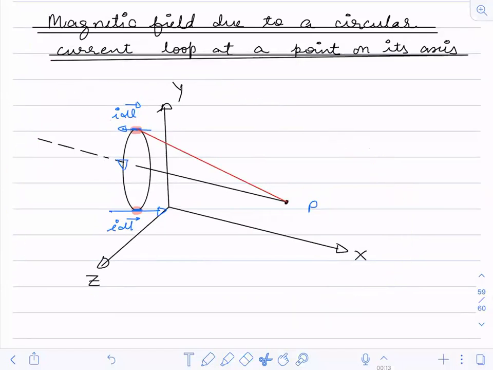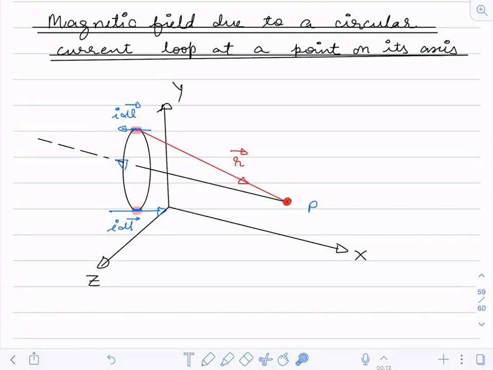Now just tell me what will be the direction of the magnetic field at point P. This is my r vector, and this is my dl vector. How will I find out the magnetic field direction at P?